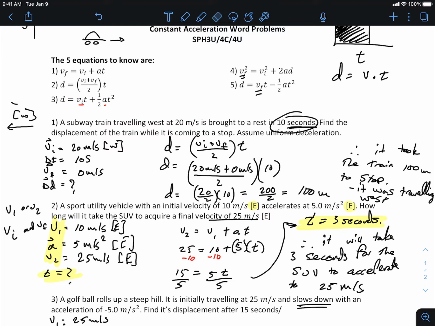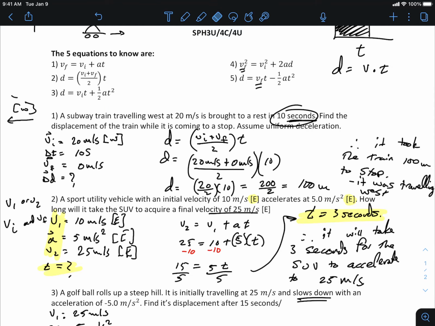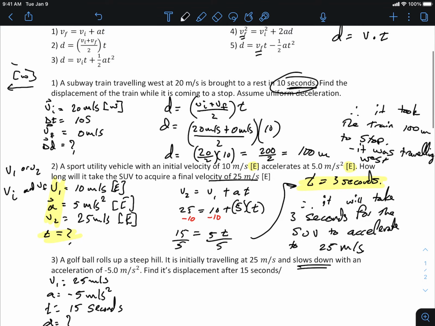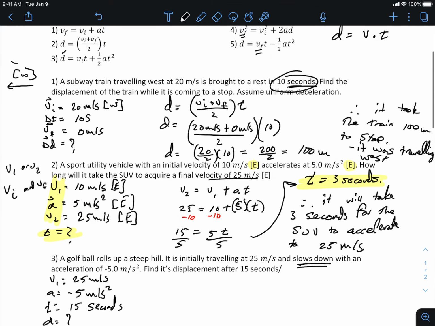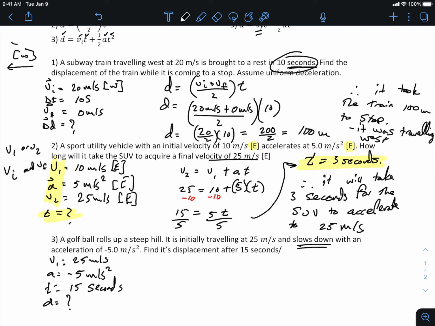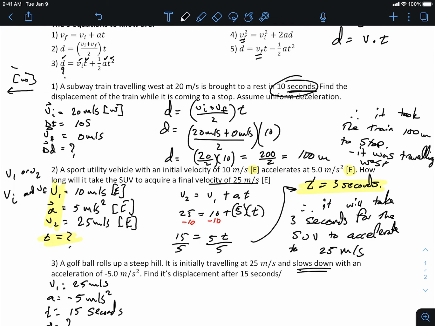So you're looking at the rest of the equations trying to figure out what else could I use. Okay, I'm looking for d. V1, well, I know what V1 is, and I know what t is. Looks like that's a good equation to use. This is the thing I'm looking for, and then I know the whole right side.